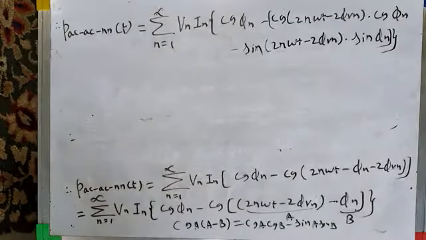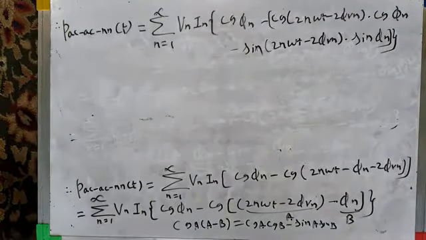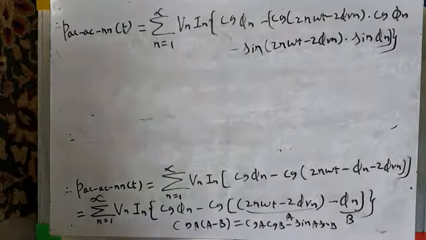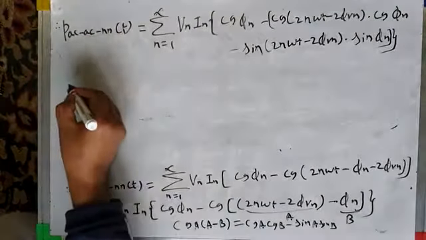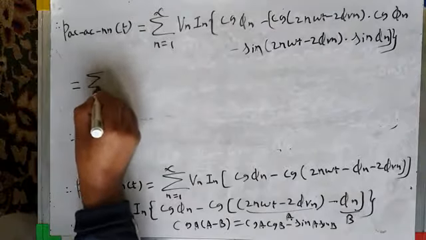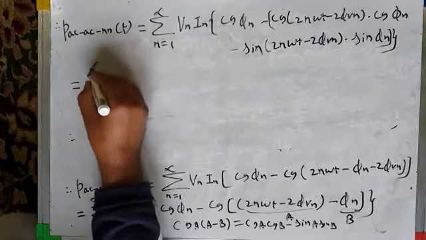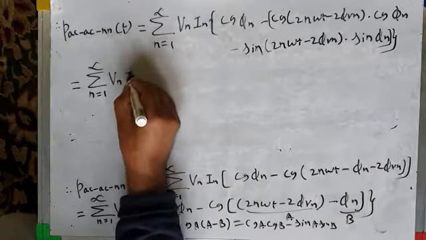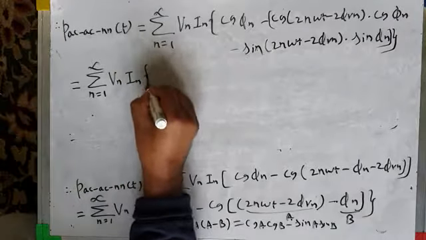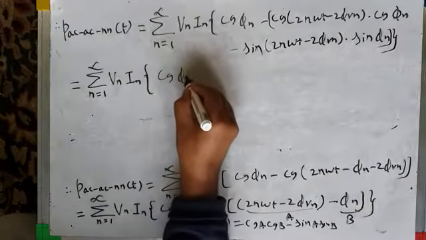Bracket closed. Okay, so therefore this is equal to summation n equal to 1 to infinity Vn In times cos phi n.